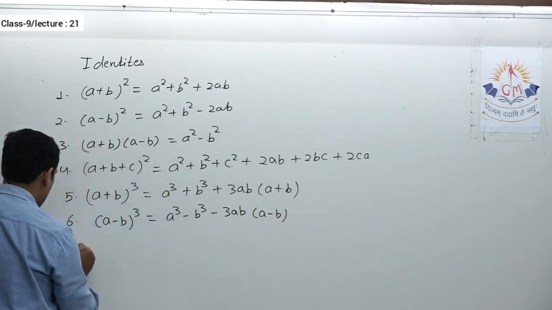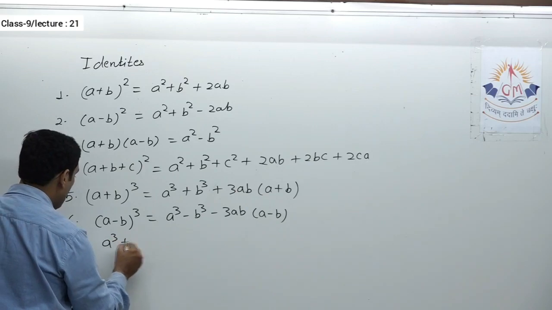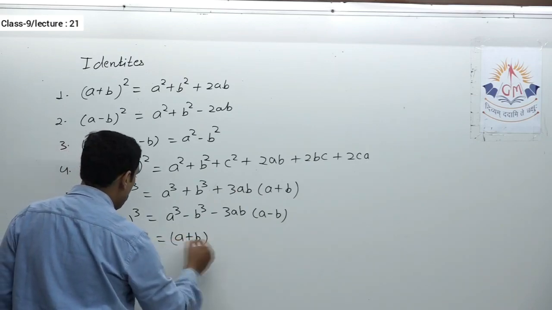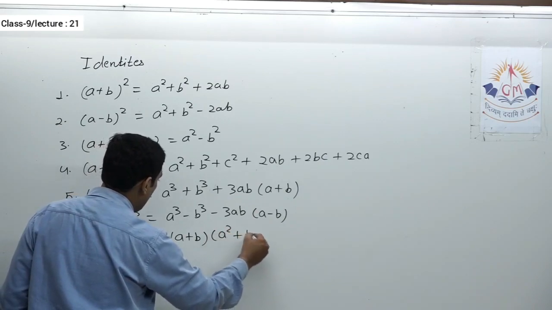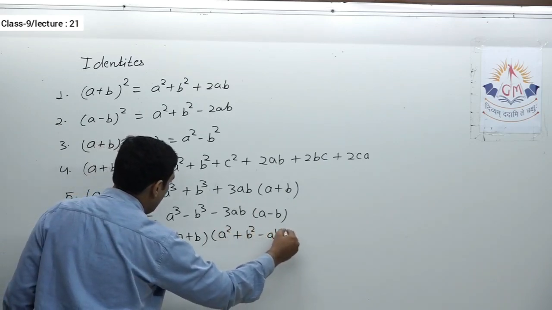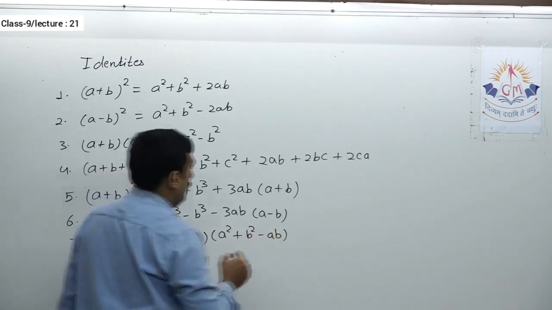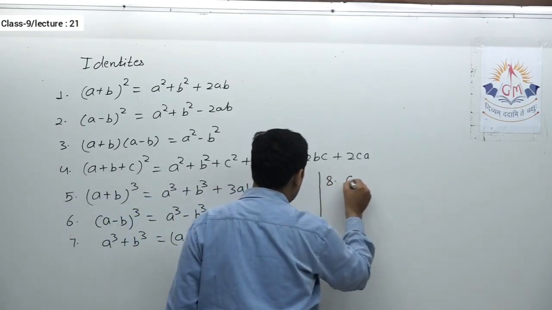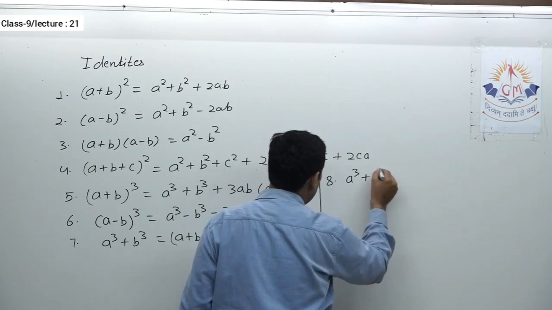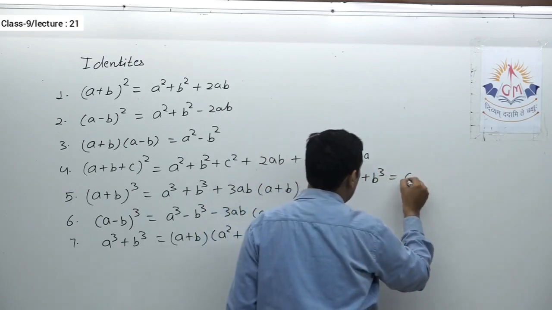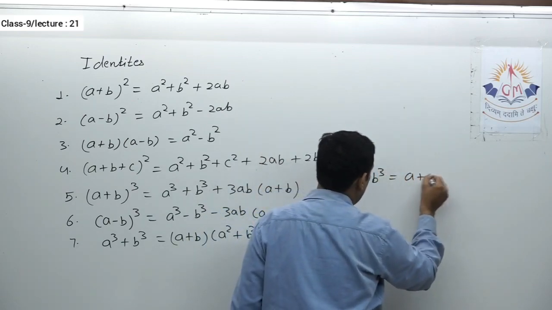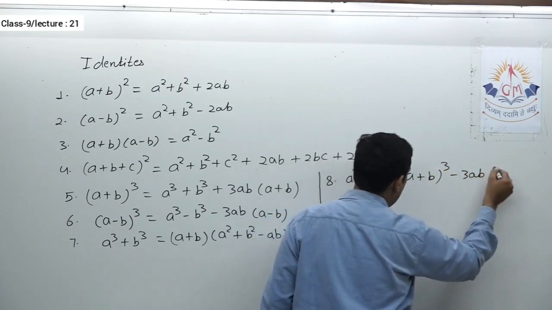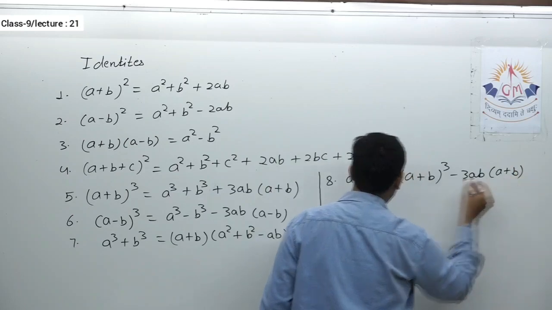Then the seventh one was a cube plus b cube, that is a plus b times a square plus b square minus ab. And then the eighth one was again a cube plus b cube is equal to a plus b whole cube minus 3ab into a plus b.